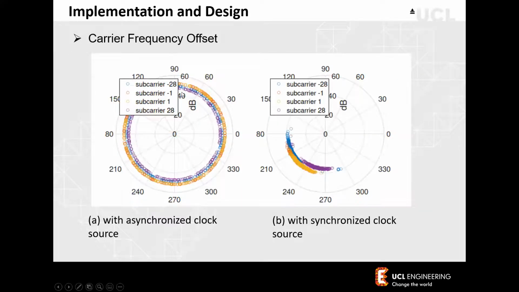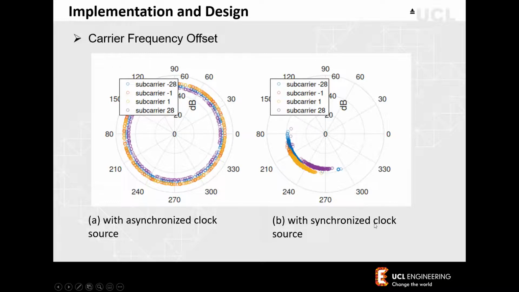Here is another plot to demonstrate how the CFO affects the phase of each subcarrier. This is a polar plot, and you can see that without the synchronized clock source, the phases split across all angles.